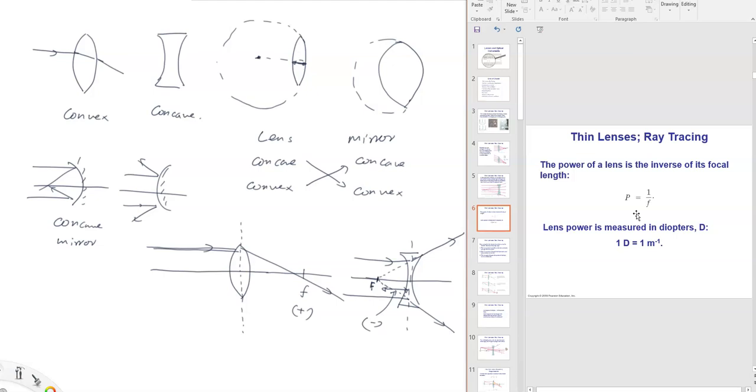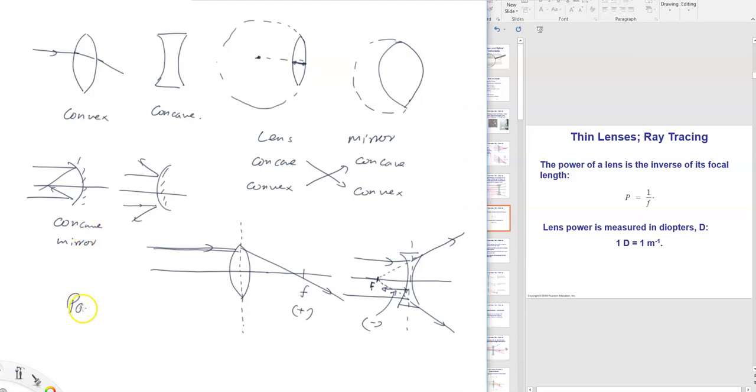When it comes to lenses, there's another important factor we define. It's just the focal length, but 1 over focal length, we call it the power of the lens. P equals 1 over focal length. Lens power is measured in a unit called diopters.